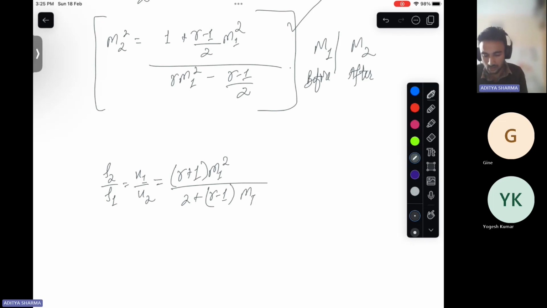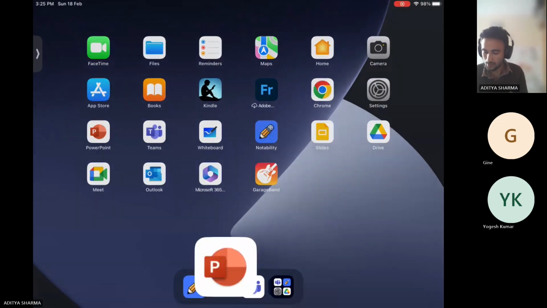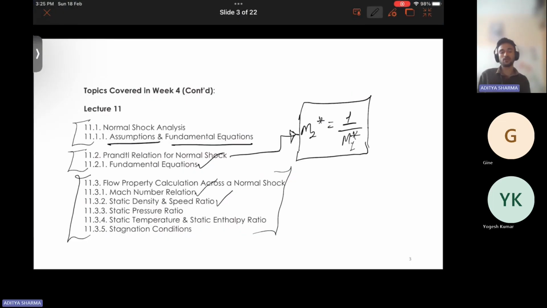This equation has also been given in your current assignment, so you should take care of this particular relation.